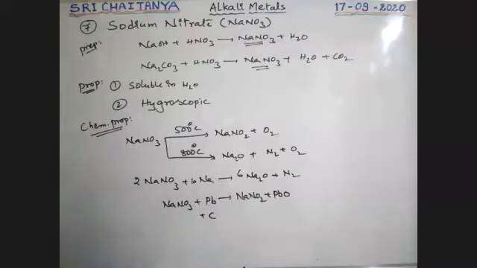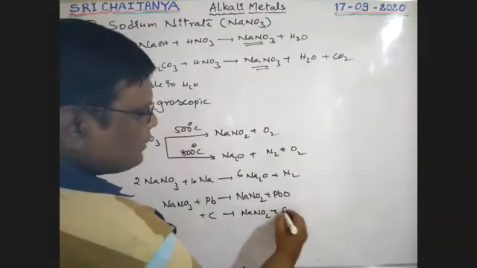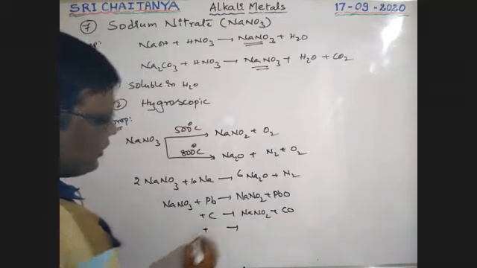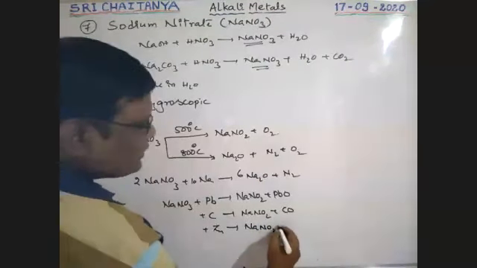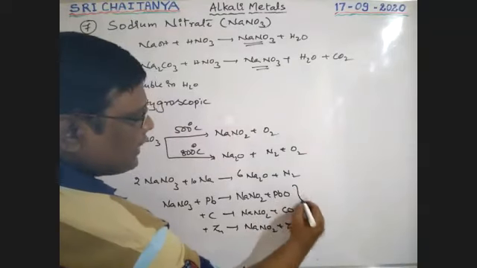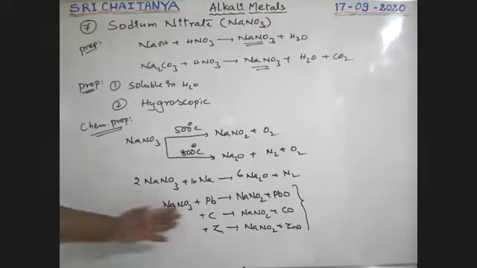It reacts with carbon, that gives NaNO2 plus CO. If it reacts with zinc, NaNO2 plus ZnO. All these reactions we know, boys, we wrote them at the time of nitrates. Same reactions, boys.